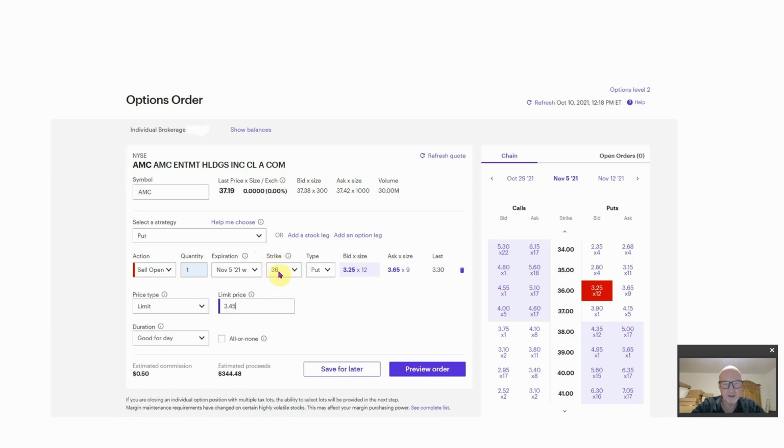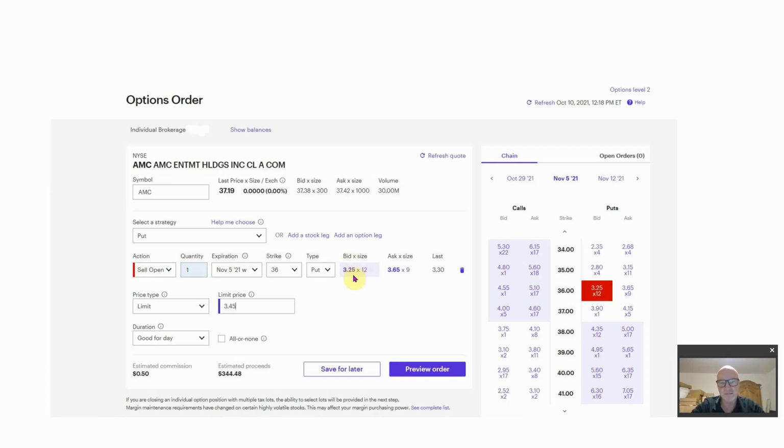It's information about what that means. Type, put. Bid size, 3.25 times 12. That means somebody is bidding for 12 contracts. That doesn't mean that one person is bidding for 12 contracts. It means there are 12 contracts being bid. Could be 3 people, could be 1, could be 12 people bidding 1 each.